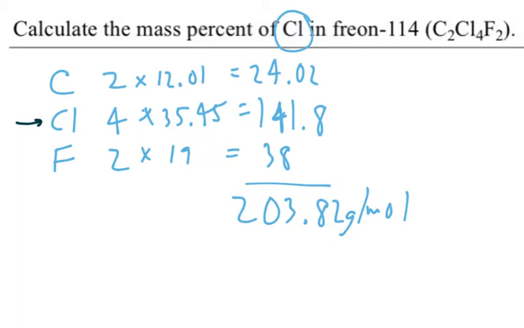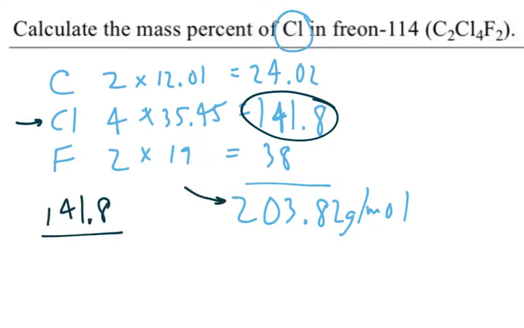So the last step is to get the part of chlorine, okay, which is 141.8, over the total. Remember, that's always going to be the total, which is going to be 203.82. Again, technically, the units are grams per mole for each of them.